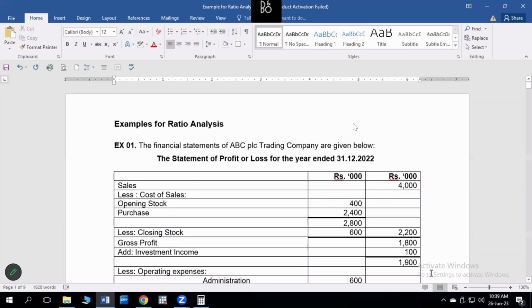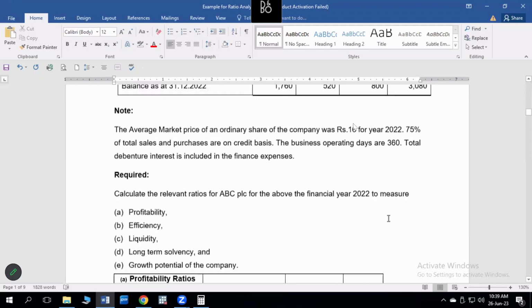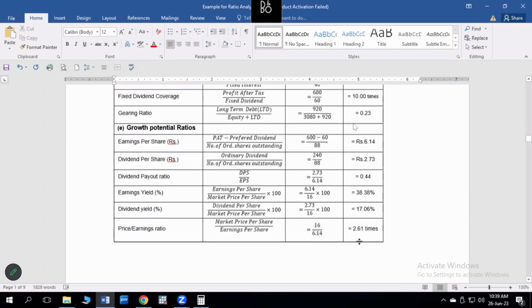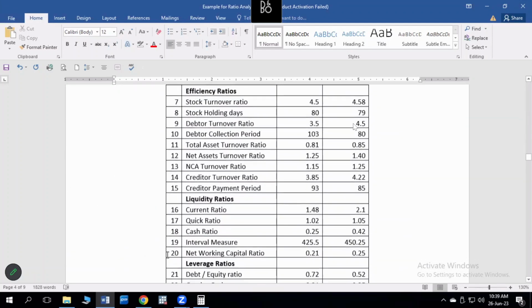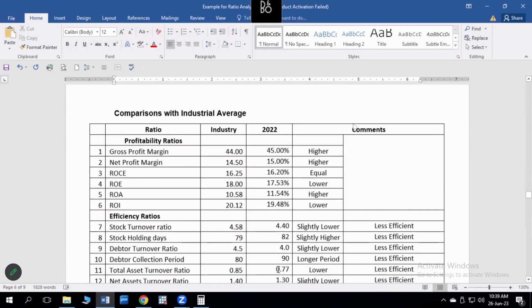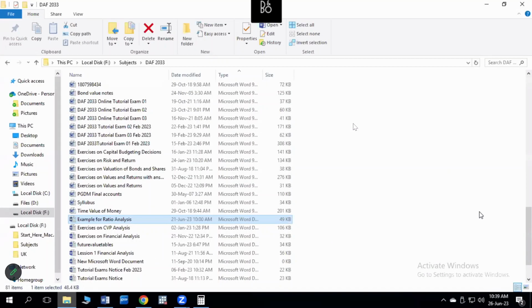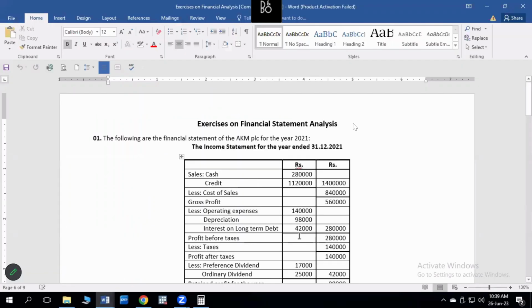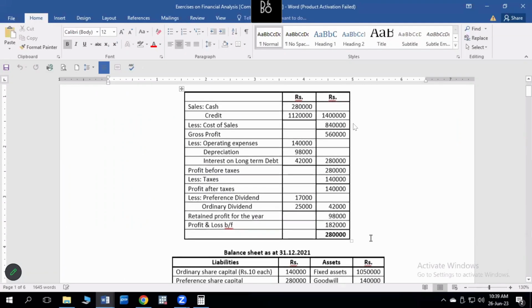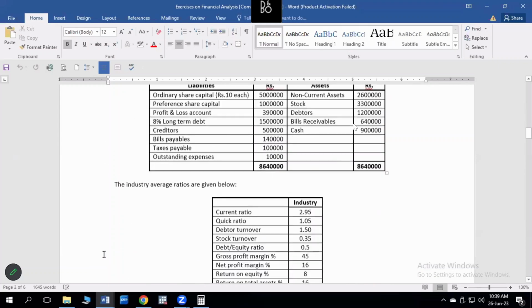So with that, if you want, I can do some exercises. I have added some exercises on this financial analysis. So like this, you can practice.